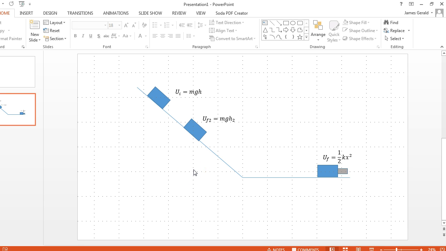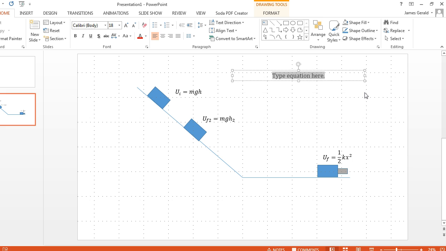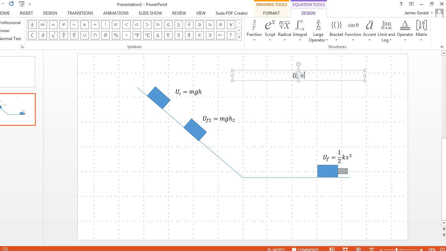So what's conservation of energy mean? We're going to start off the first bit. We have U sub I plus K sub I plus work due to non-conservative forces equals U final plus K final. Well, we know U final, we know K final is 0 because it comes to a stop.